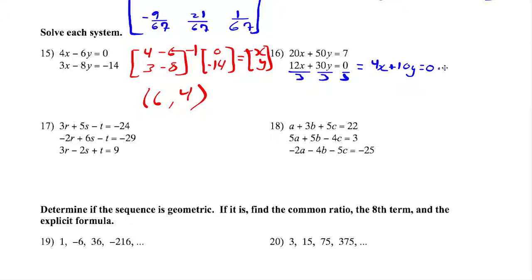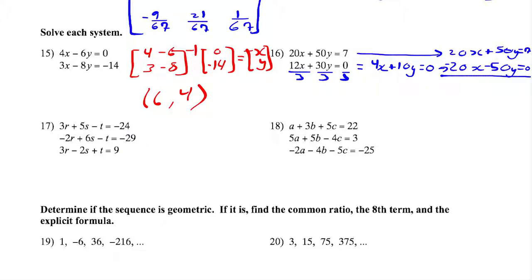And then I can multiply that all by negative 5 to get negative 20x minus 50y is equal to 0. I could have just multiplied by 5/3, but I broke it up into steps to really show where this comes from. So 20x plus 50y is equal to 7.